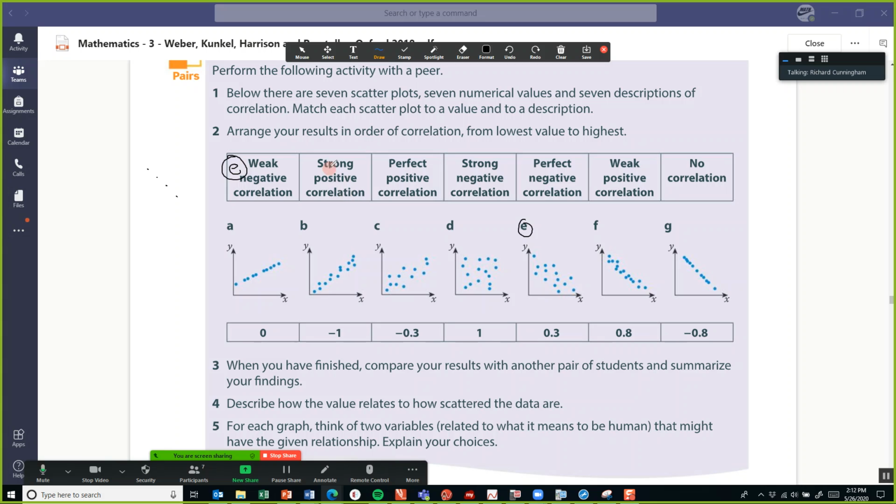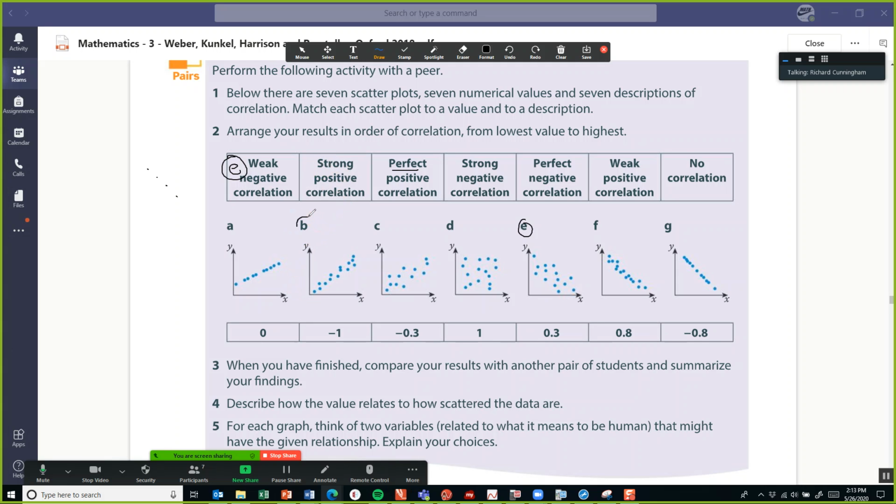Okay, what about strong positive correlation? Which one of these do you think would be a strong positive? The dots are going to have to go up, and they're going to have to be quite close together. Now be careful because we've got this other one called perfect positive correlation. So do you want to rethink, Enrique, for strong positive?